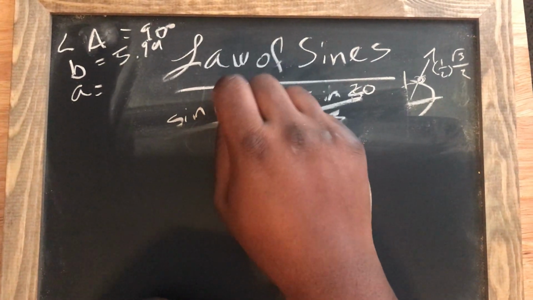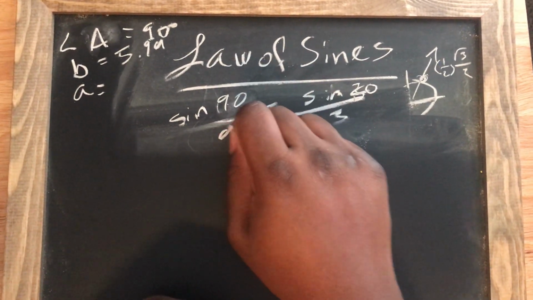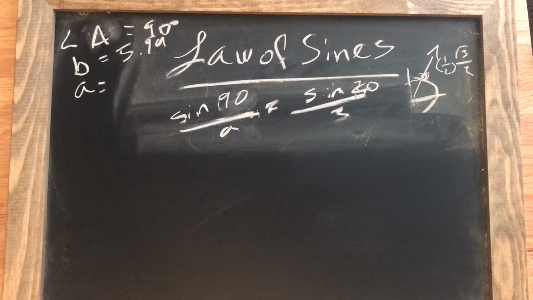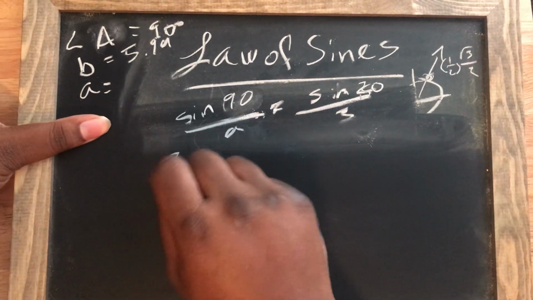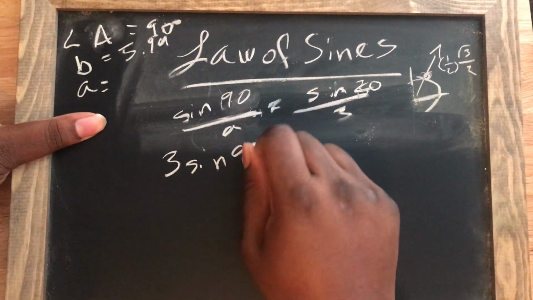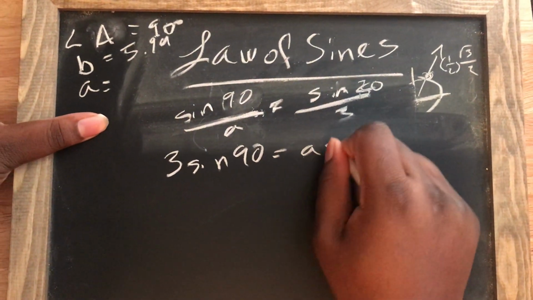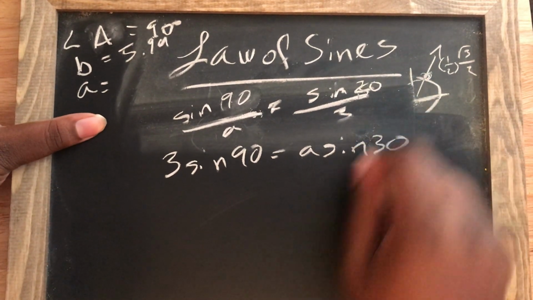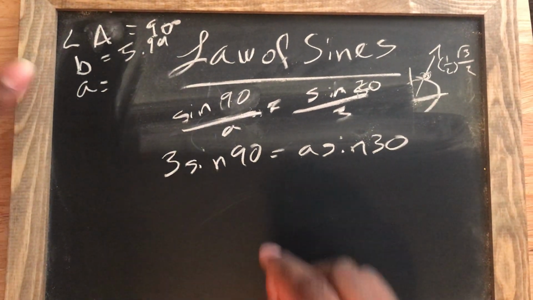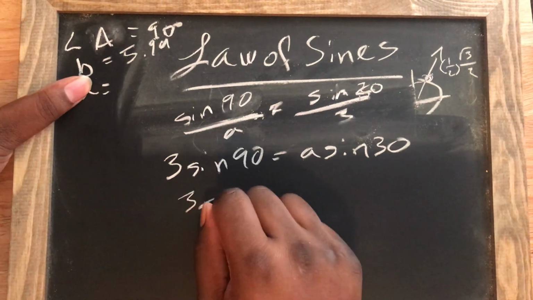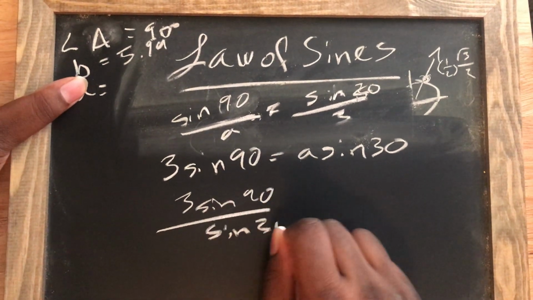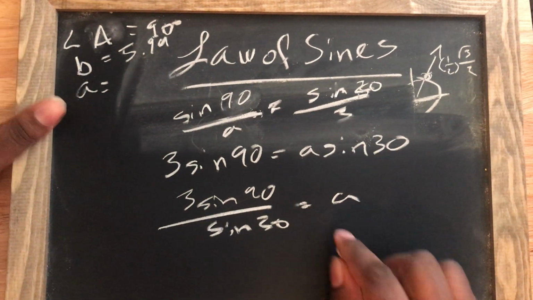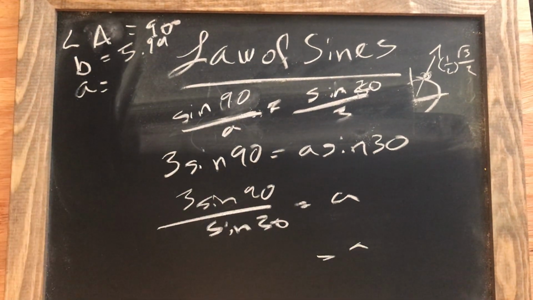I'm going to do sine 90 over a because I'm trying to find little a. So first thing I'm going to do is multiply out: 3 sine 90 equals a sine 30. Divide everything by sine of 30.